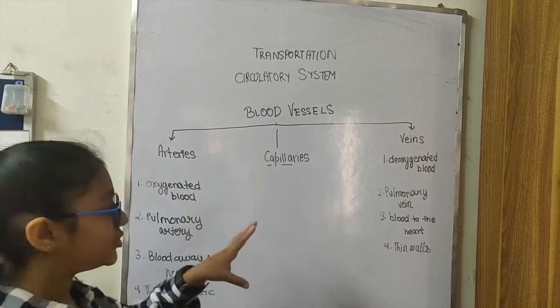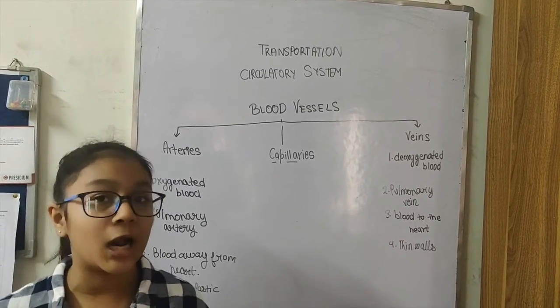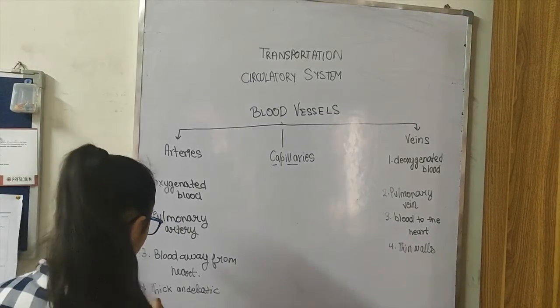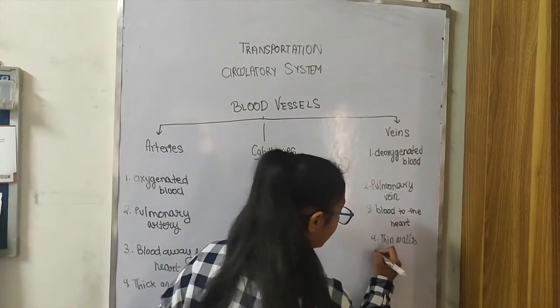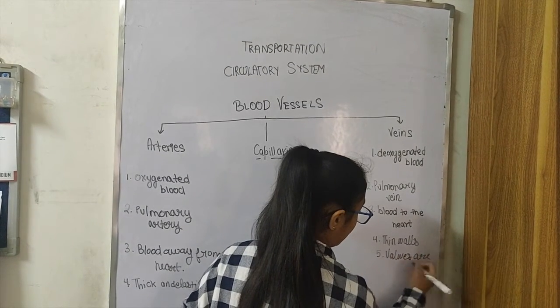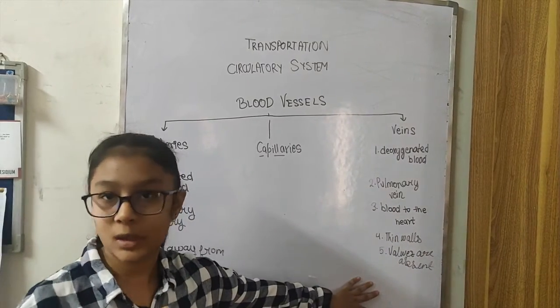Here, in veins, valves are absent, because the blood is only supposed to flow in one direction. No valves, only one direction, to the heart.